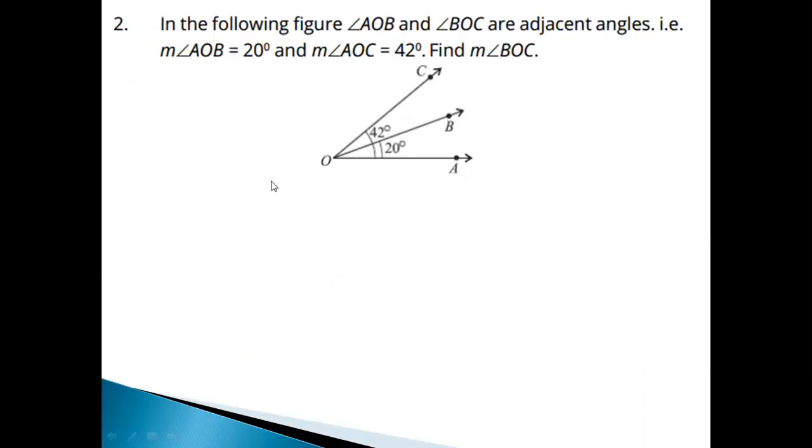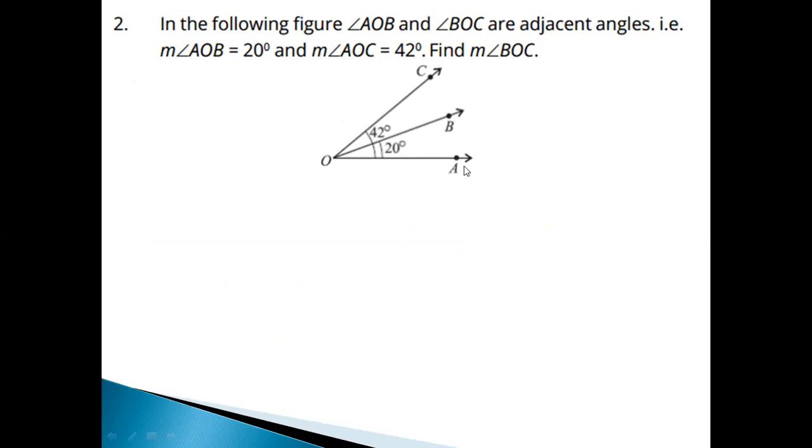In question number 2, you are given in the following figure angle AOB, this one, is equal to 20°. Angle BOC: B, O and C are adjacent because OB is the common arm in both angles.